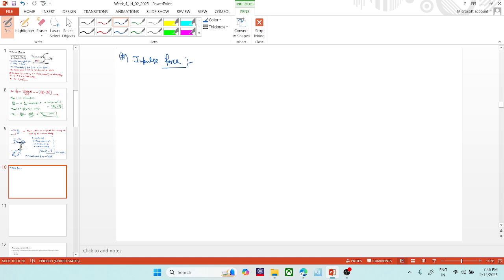So the impulse force for this diagram would be the rate of change of momentum in the axial direction. I will write just the expression. F would be the mass flow rate into VS1 cos theta minus VS2 cos del.